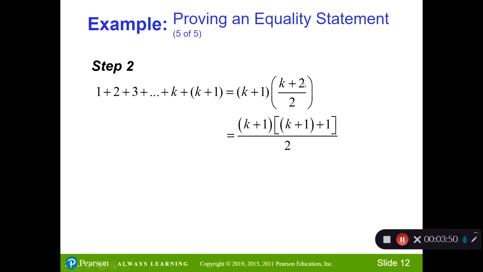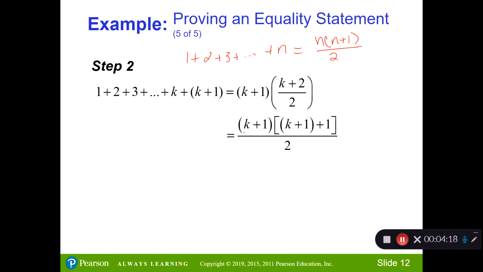Now k plus 2 can be written as k plus 1 plus 1, so that I can group together k plus 1 plus 1 over 2. Now notice, this item and this item are the same, and it's the same as what's here. That's the form that I needed to have 1 plus 2 plus 3 plus n equal to n times n plus 1 over 2.